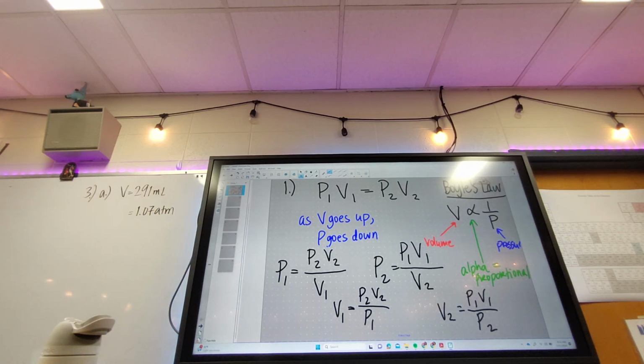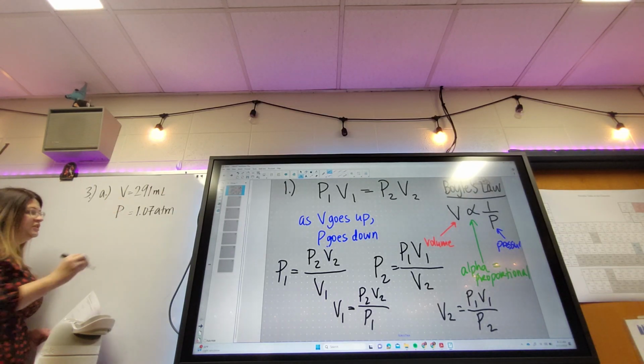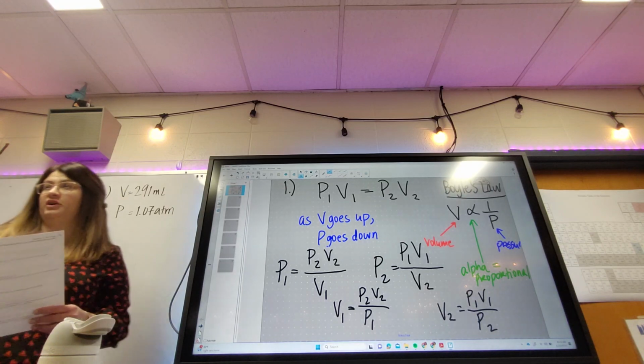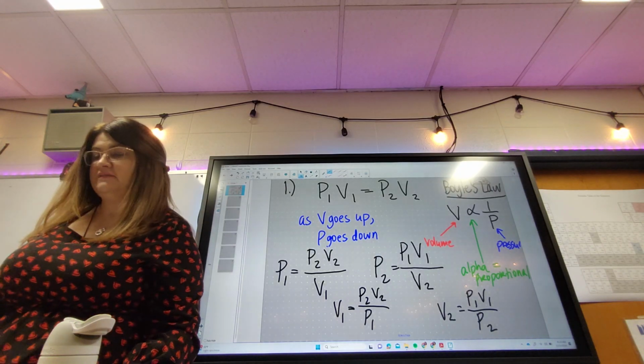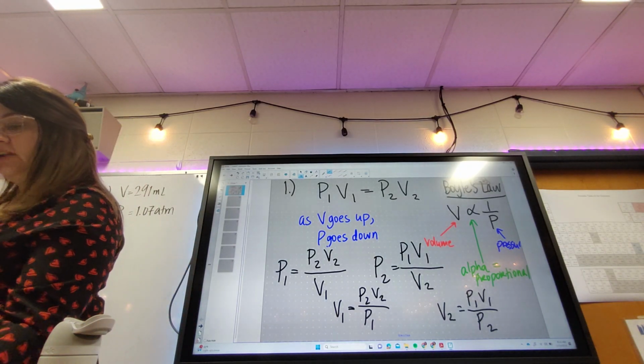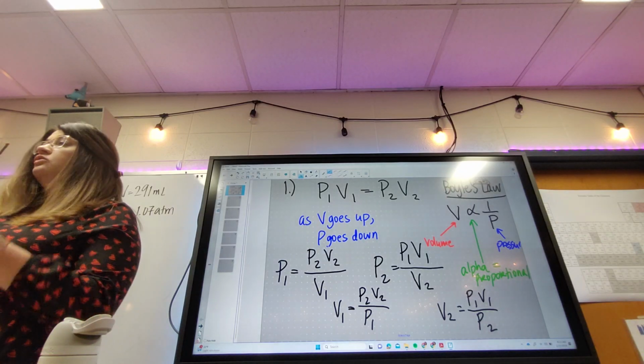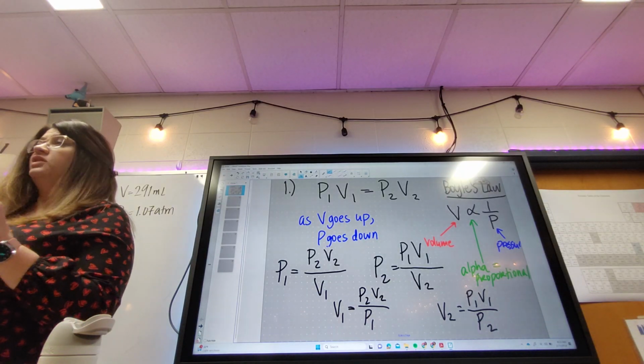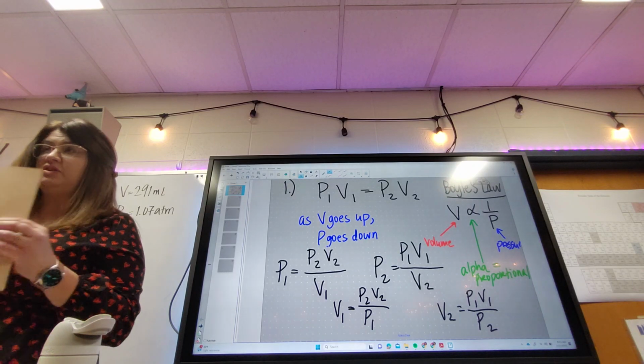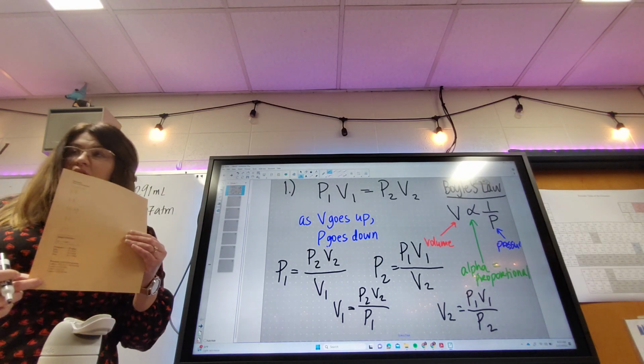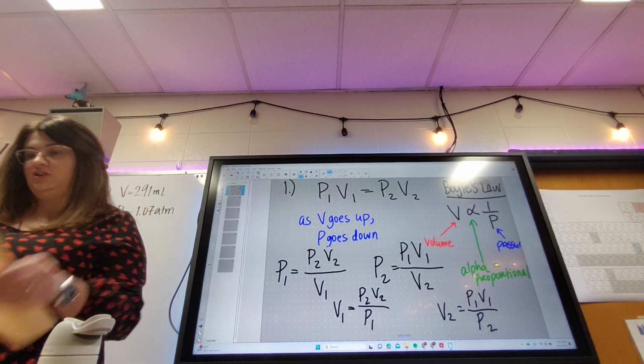Liz? You have P. How do we know that? Because ATM is the unit for pressure. If you forgot and you were like, I don't know what to do, look at the things that are on the brown sheet, because it tells you right at the bottom, these are the units for pressure.